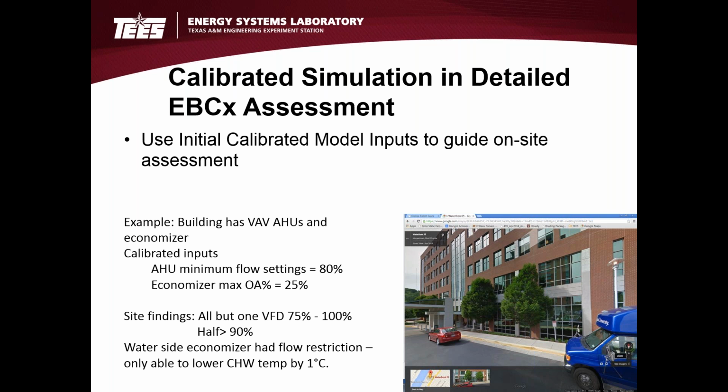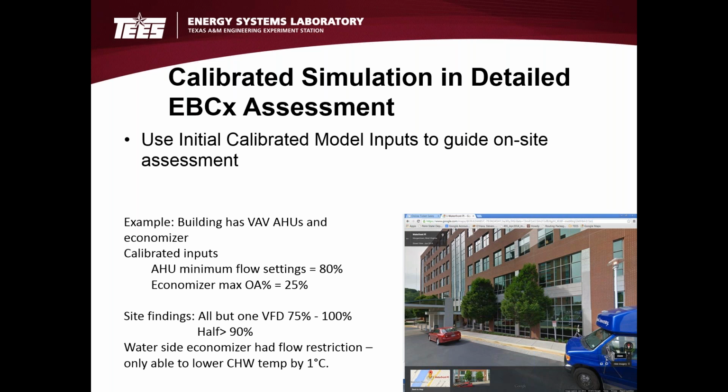So that original calibrated input was very consistent with the way the building was operating. I won't go into the details. There were a number of things that were wrong with the way the terminal boxes were operating. And in fact, this was a major opportunity for efficiency improvement in this building.